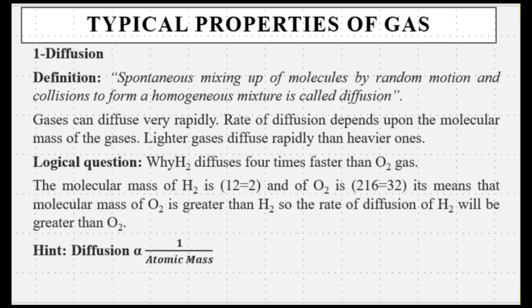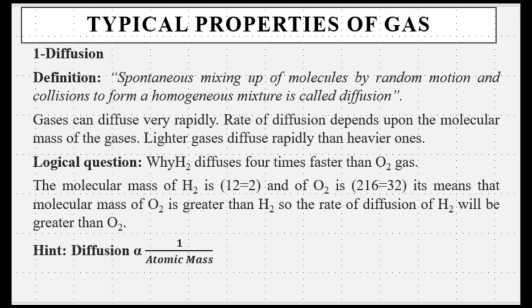In other words, we can say it is the flow of material, in the context of the gases or the liquids, from the higher concentration to the lower concentration. As gases have greater intermolecular distance, they can diffuse very rapidly because their random motion is greater as compared to the liquids.